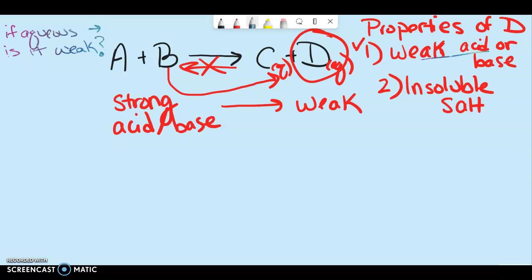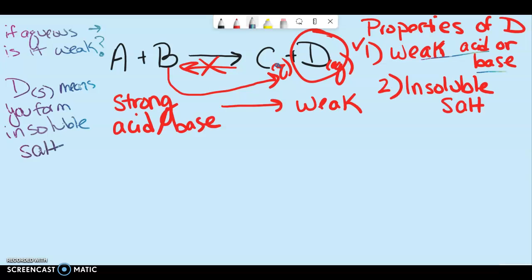So the weak acids and weak bases, either one of those will be aqueous. So you need to decide what you're seeing. For an insoluble salt, this means you're going to see a solid. So if D, for example, had an S like that, that means you form an insoluble salt. And that will go to completion.